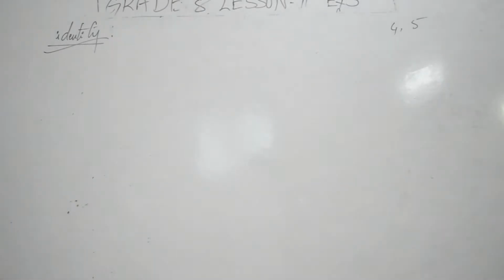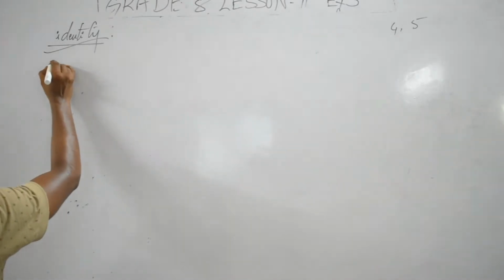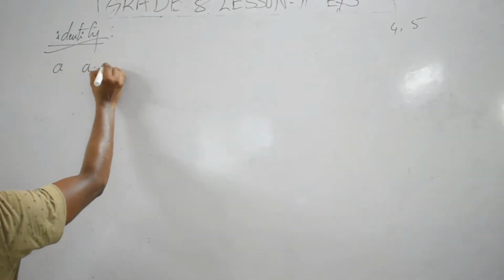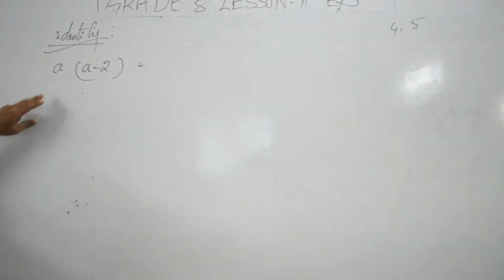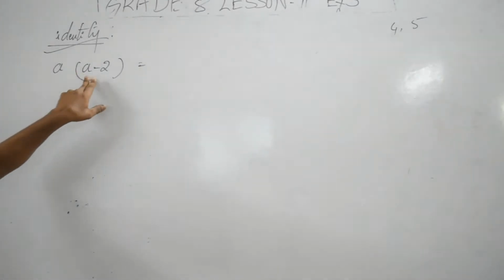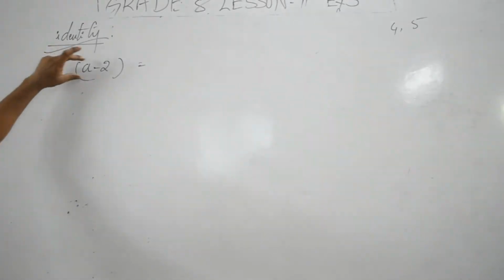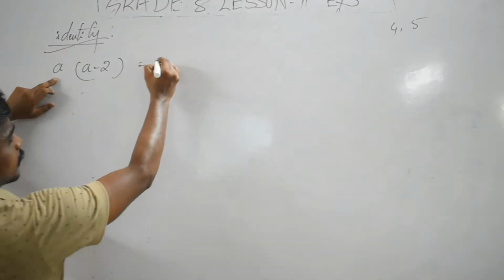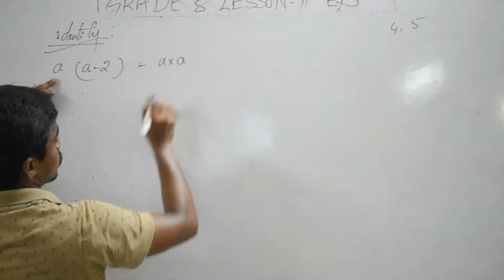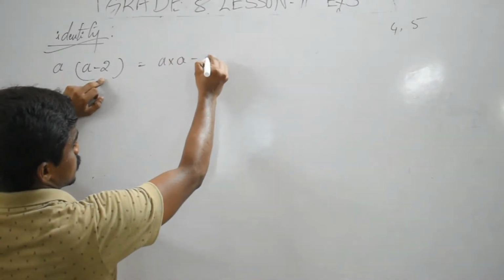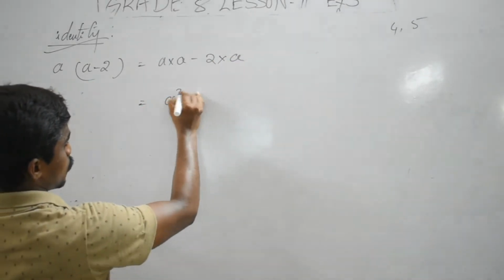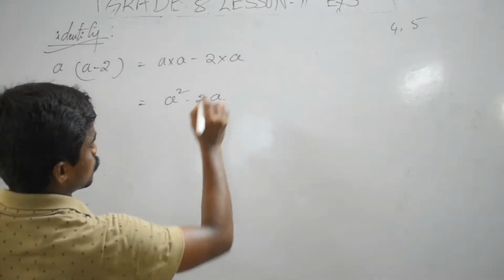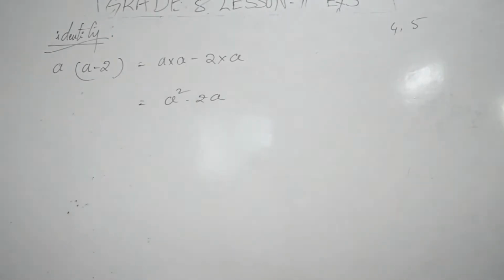For example, here a times a minus 2, this is one expression. Now here this is a monomial, this is a binomial, you multiply: a times a, minus 2 times a, a square minus 2a, that is the one expression.